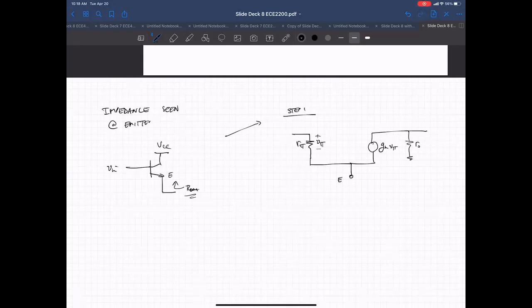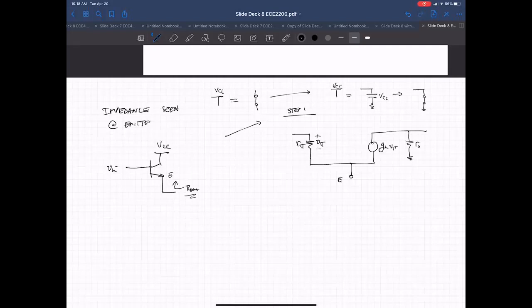Okay, and remember in the small signal domain, whenever we have a voltage source, when you're going from large signal to small signal, a voltage source is equal to a short. So let me erase this, sorry guys. This is grounded, and in small signal, it looks like you're shorting through it.